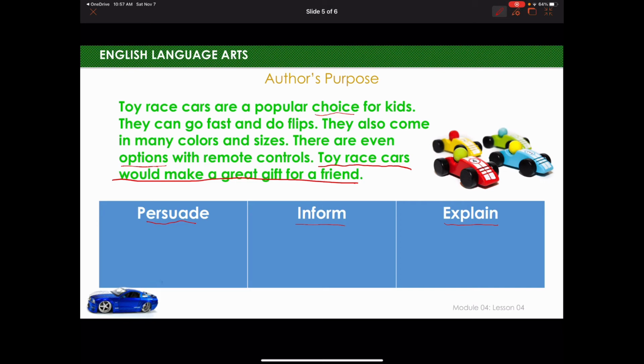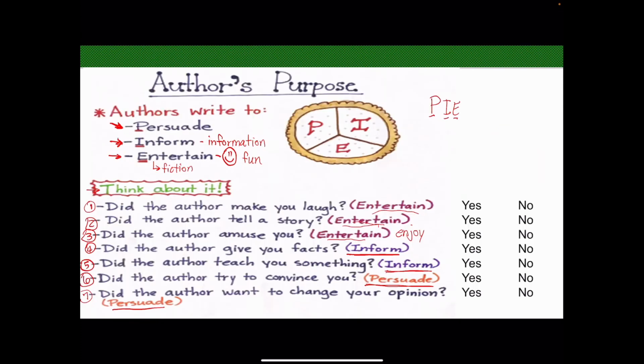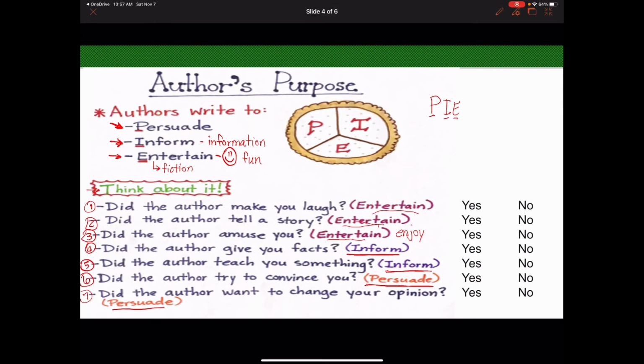So let's go back to our previous slide and let's answer some questions to see if we can figure out the author's purpose. Why did the author write that paragraph about toy cars? Did the author make you laugh? No, the author did not make me laugh, so I don't think that he was trying to entertain, but let's ask ourselves some more questions. Did the author tell a story? Were there characters in that paragraph? Was there a setting?